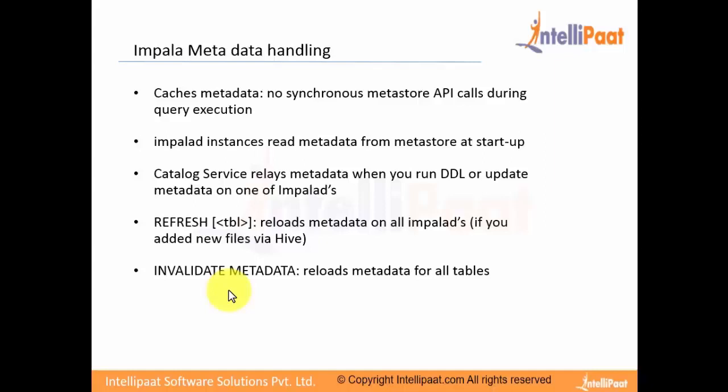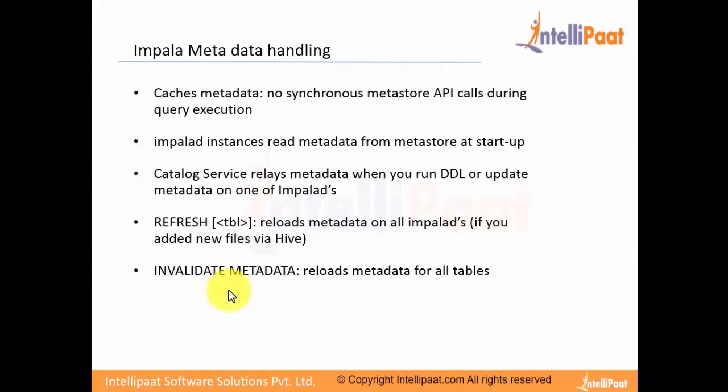Instead, it caches a copy of the metadata with its executor nodes, and picks up the metadata from those nodes as and when required. It saves a round trip from the Impala execution engine to the metastore. The Impala instance reads the metadata from the metastore at startup and keeps a local copy. The catalog service relays the metadata when you run DDL or update metadata on one of the Impala processes.